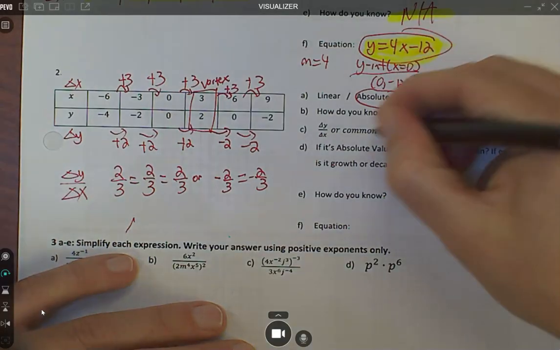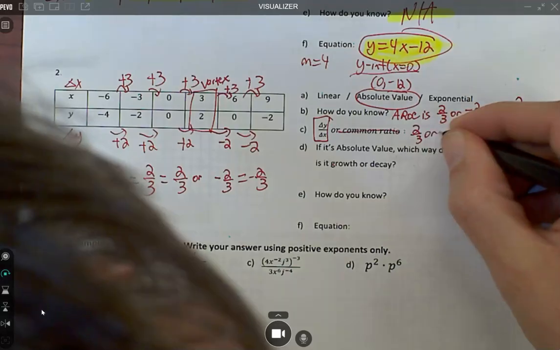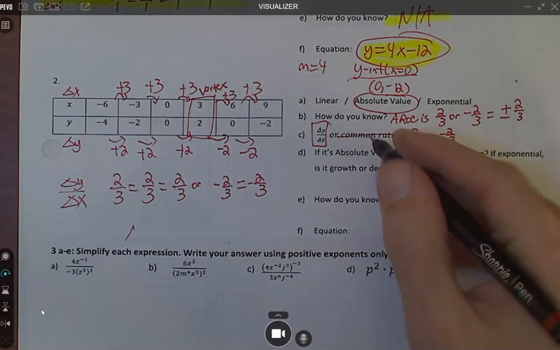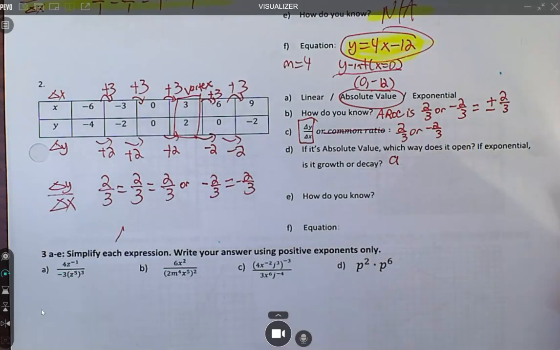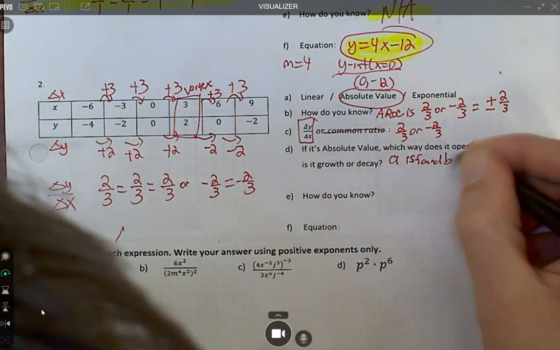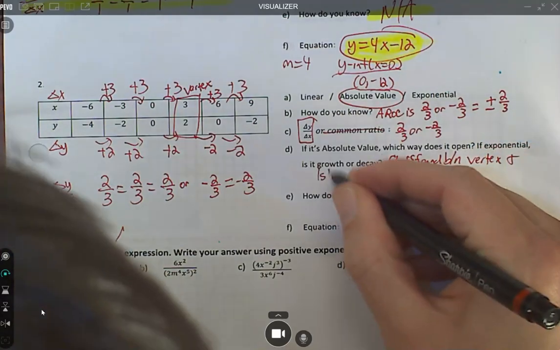There's no common ratio. Change in y over x is 2/3 or negative 2/3. Okay, which way does it open? Okay, so A is found between the vertex and the first point to the right.